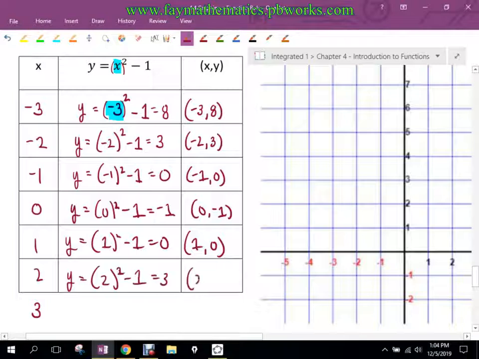Now, what you're going to start seeing here, and this pattern is going to exist because there's a pattern here, right? Were these all +1s? Right? What we've been doing in the past, looking at that pattern. So there's a pattern existing here. What's going on with your y? It went 8, 3, 0, negative 1, and then got back to 0, and it went back to 3, right?